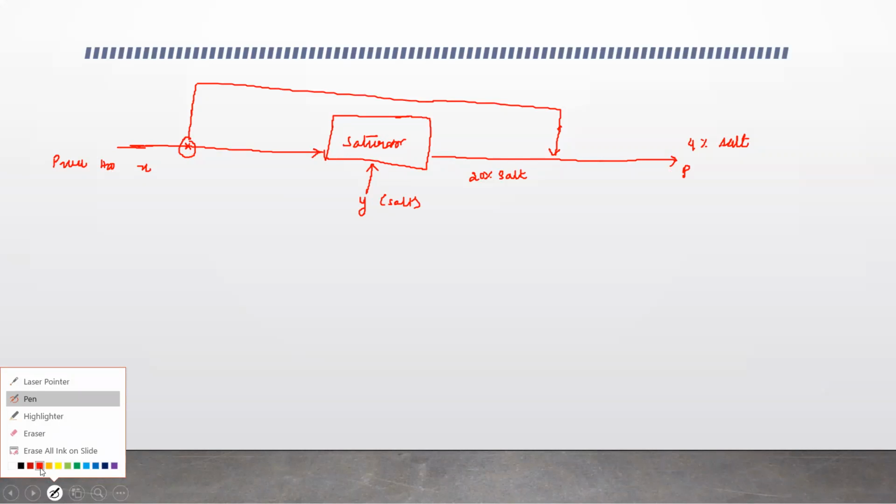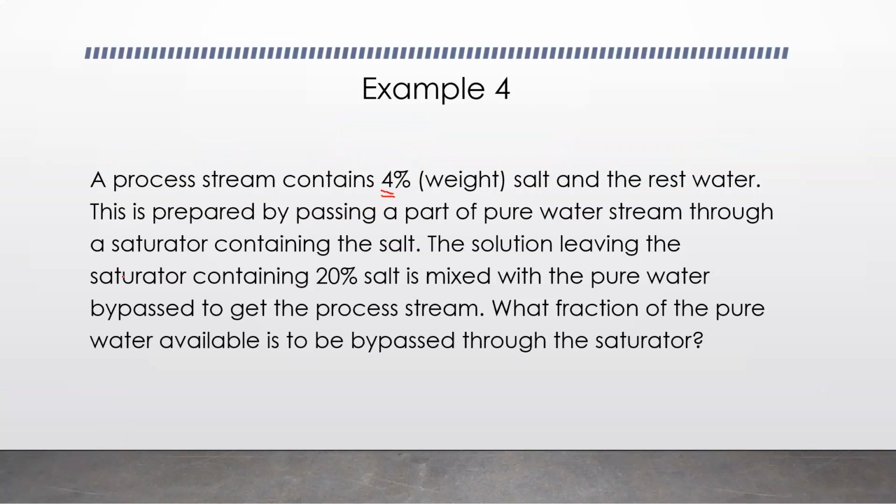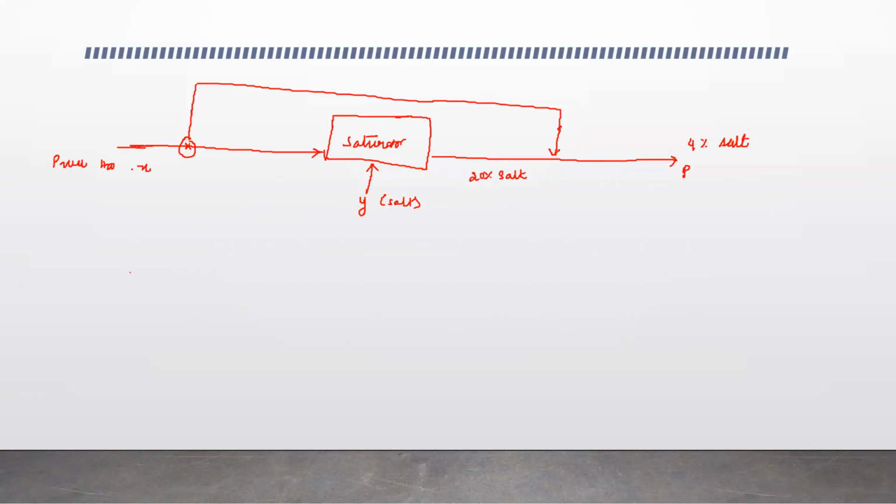So now they have asked us to calculate the fraction. Okay, let's not assume X, let's assume 100. That's our basis for calculations. So we'll take the basis that we have 100 kg pure water.